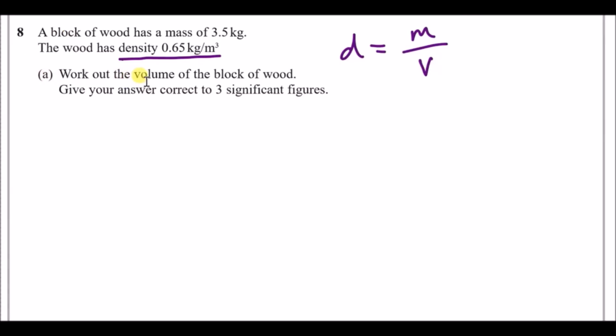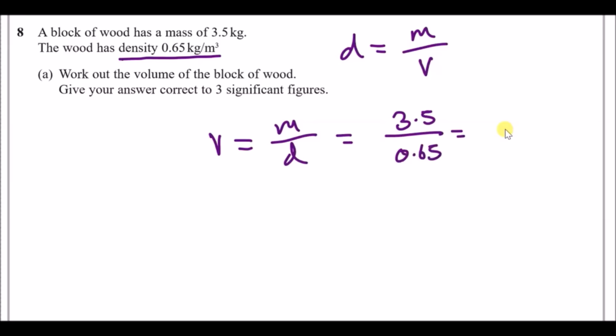Now A, work out the volume of the block of wood. All right, so this is very straightforward. You just want to make V the subject here. So you could just swap V and D around. So you can have V equals M over D. Remember, you multiply V and you divide D. And now we have the figures. You have the mass, which is 3.5 kg, over the density, which is 0.65.